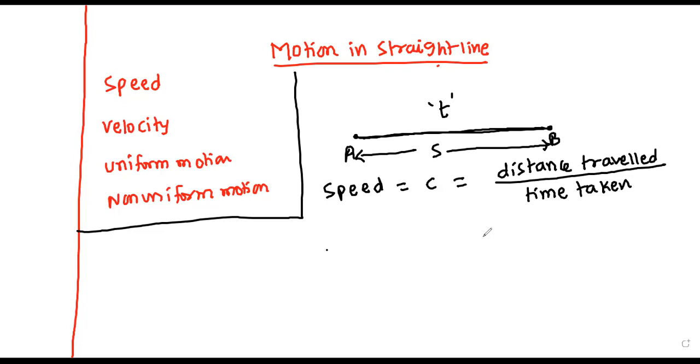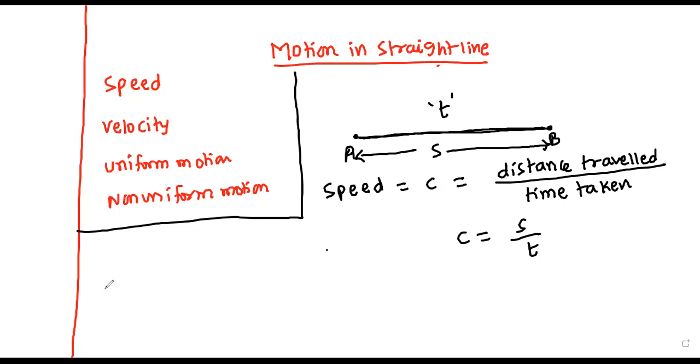So I can write C equal to S by T. And observe carefully here, whenever the particle is traveling, we are calling the distance, but we are not describing in which direction the particle is moving. Simply we are saying that speed is the ratio of distance traveled to the time taken.